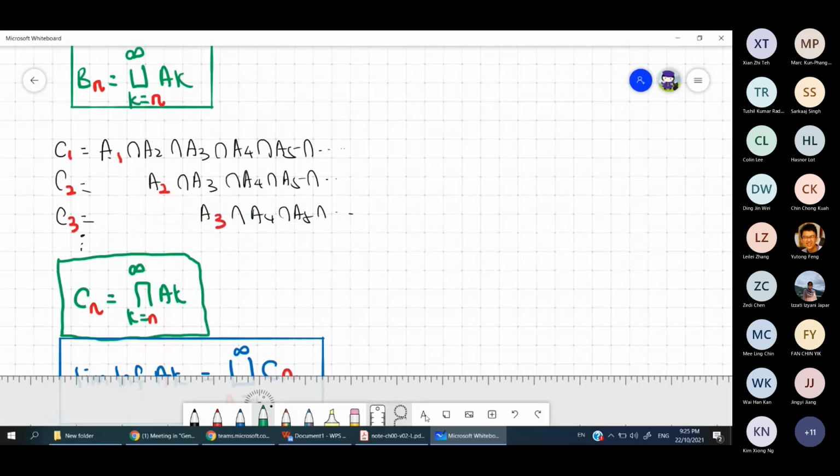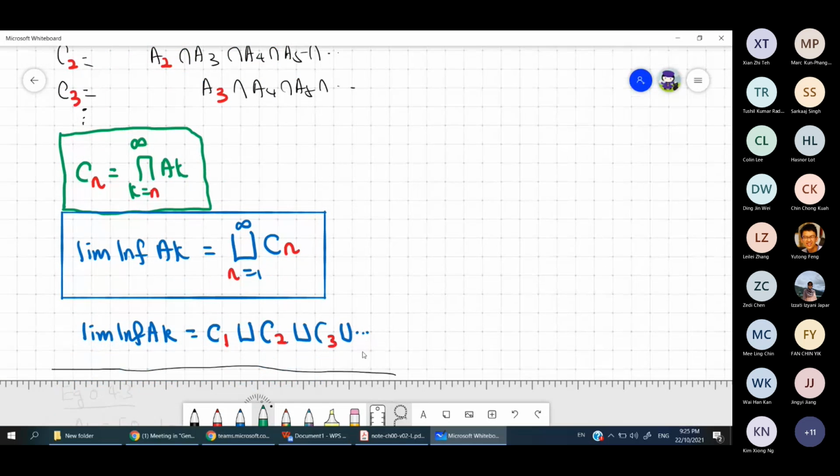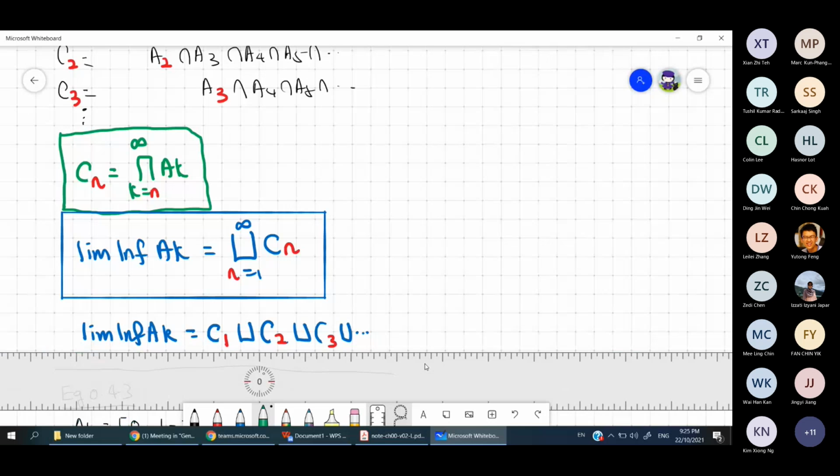Then you use the formula to calculate the limit infimum. That will be this. Just go through two processes to calculate this. I think it's not difficult. It's just that you might need to take some time to identify each of B1, B2, B3, C1, C2, C3, and so on.